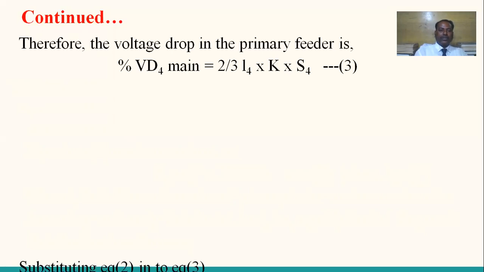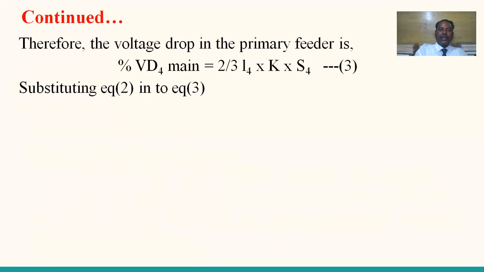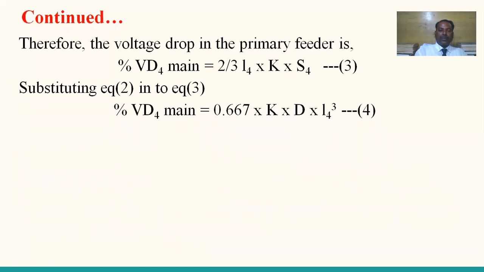So S4 is already formulated in an equation. So substitute equation 2 into equation 3. Equation 2 is in terms of S4 and equation 3 has S4. So substituting, the percentage voltage drop of one feeder out of 4 feeders is equal to 0.667 into K into D into L4 cube. This is equation number 4.